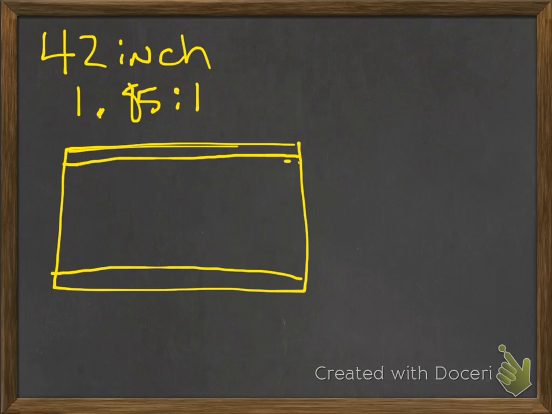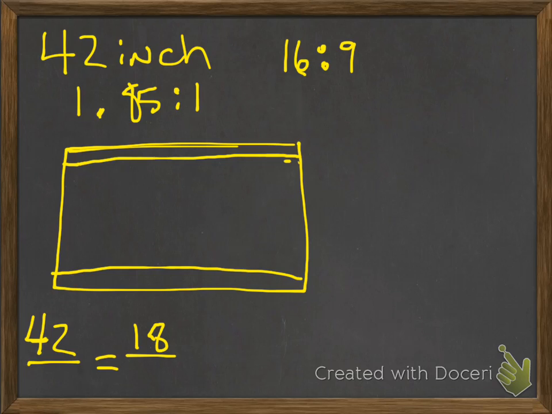So, let's see here. Hold up. I'm going to pause for a second. What I would do first is, knowing my diagonal is 42 inches, and knowing that an HD TV is 16 by 9, and that the diagonal for that is approximately 18 inches, I would cross multiply.